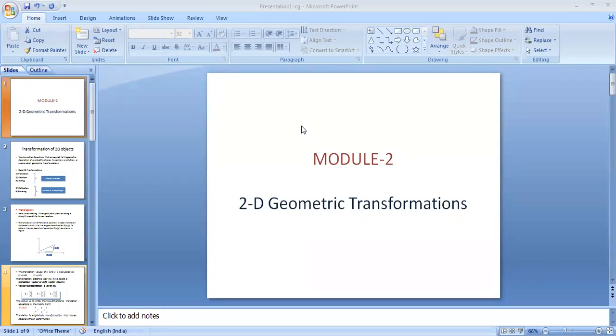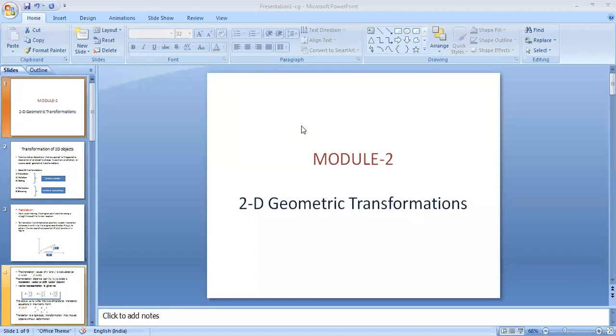In the first module, we saw the basics of how display devices work. We saw how to write the primitives and how to add properties to them. We wrote the primitives starting from the basic graphics image, that is, the point.